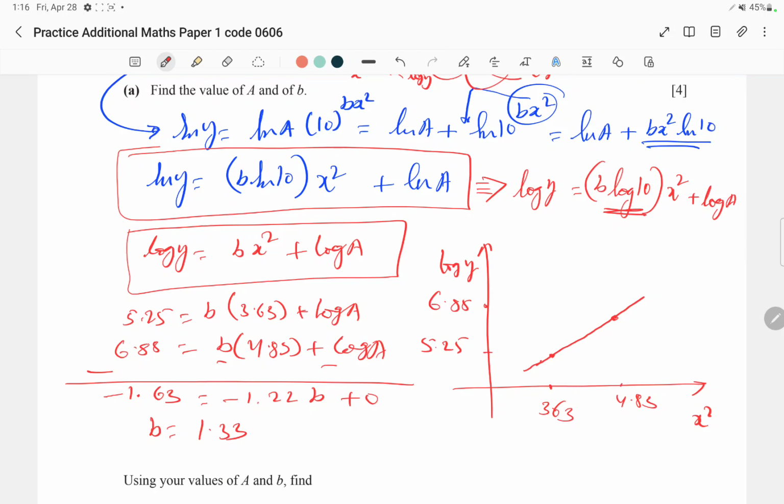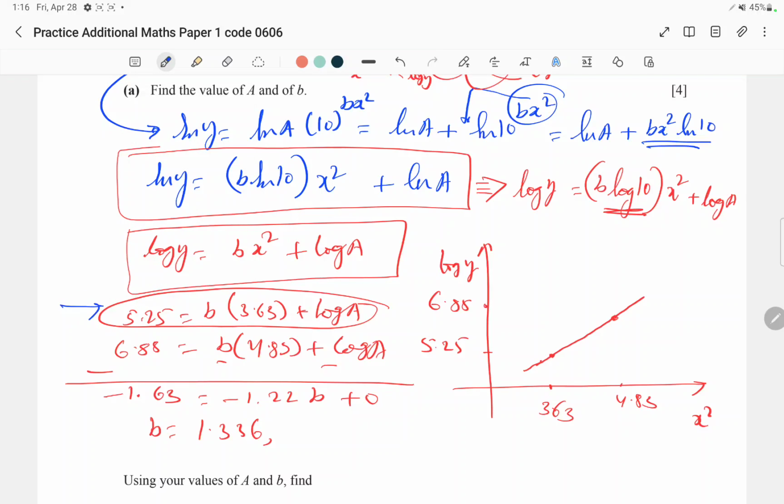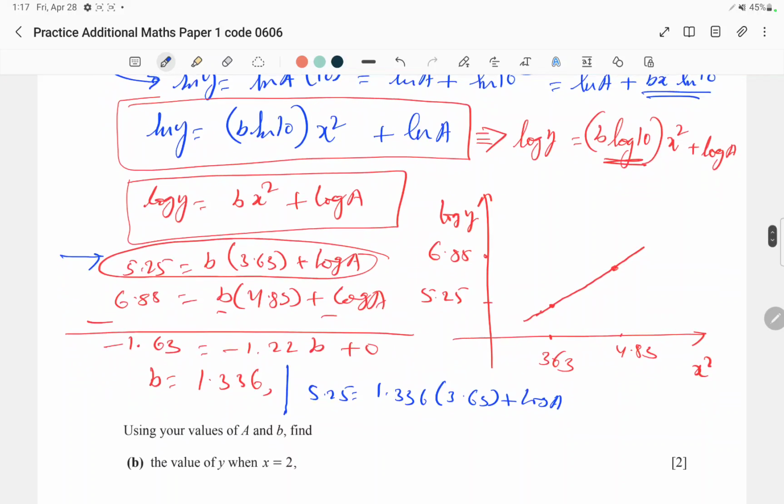So b is 1.336. Now for log a, you can use this result. Here I'm using 5.25 equals b, 1.336, times 3.63 plus log a.